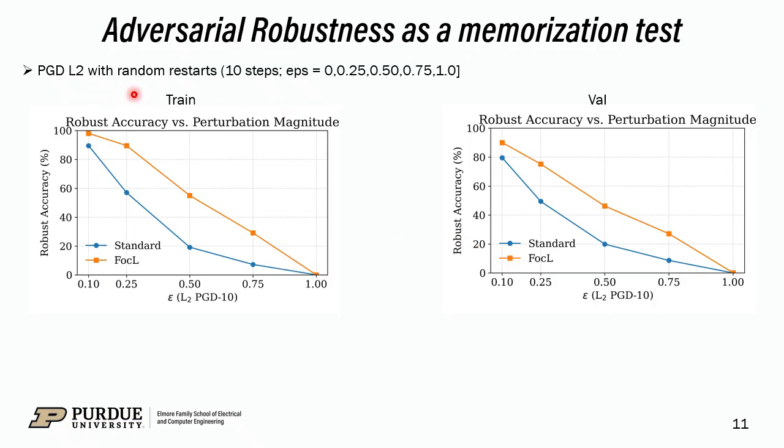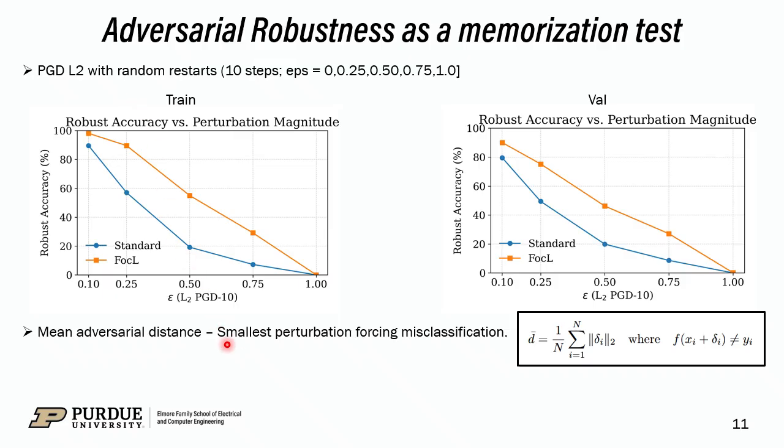The other experiment that we perform is the mean adversarial distance, which is the smallest perturbation forcing a misclassification, given by this equation. More details are in the appendix, and we find that FocL requires a relative 62% more adversarial budget for its classifications to get flipped into misclassifications.